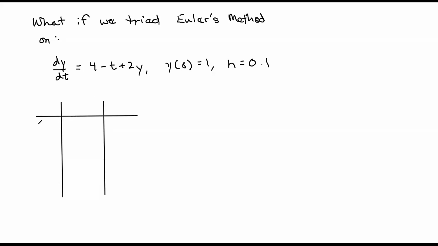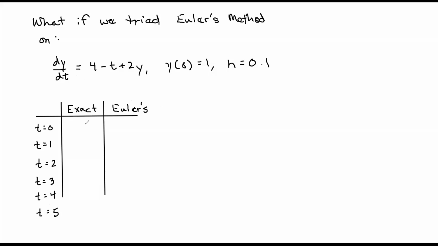So let's say we have t equals 0, 1, 2, 3, 4, 5. Then if you actually solve the differential equation, these are the exact solutions, and if you use Euler's method, this is the approximation that you get.